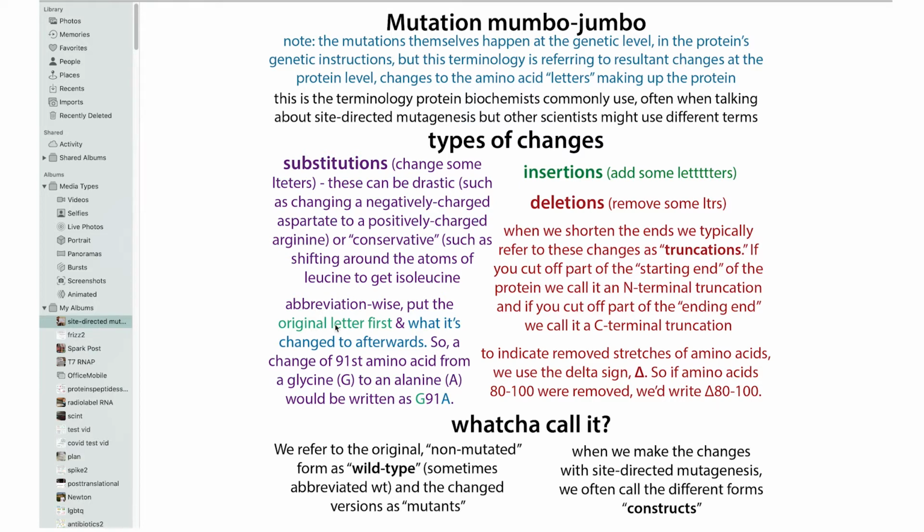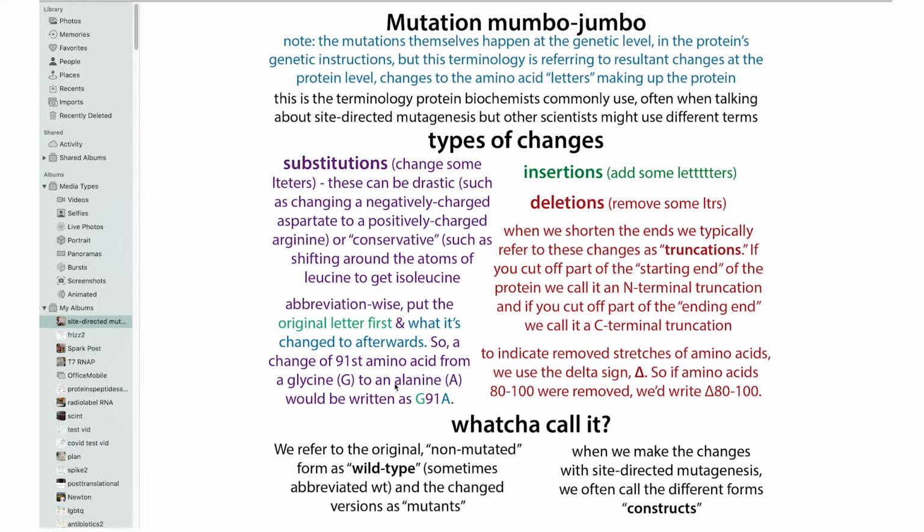We usually put the original letter first and what it's changed to afterwards, often using the one-letter abbreviations. So glycine is GLY in three letters and G in one letter, and alanine would be ALA and A. If we changed a glycine to an alanine, we would write that as G91A. So we're saying the 91st amino acid in that chain, or that residue at that point, we're changing from a G to an A.